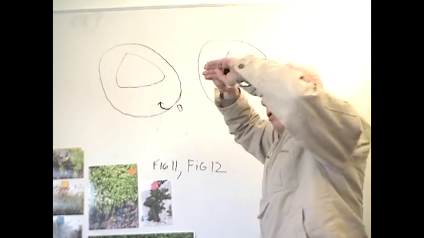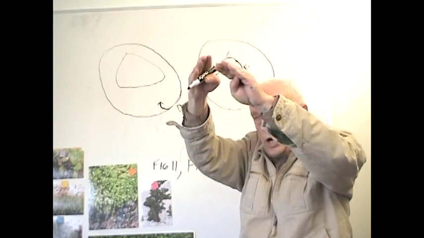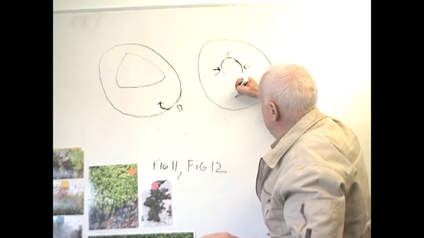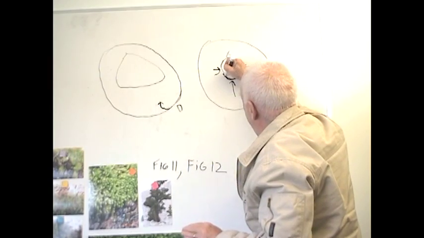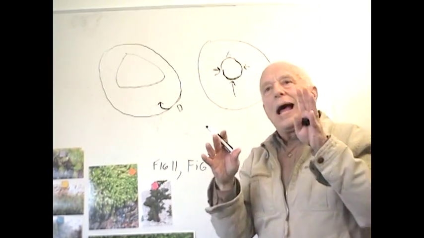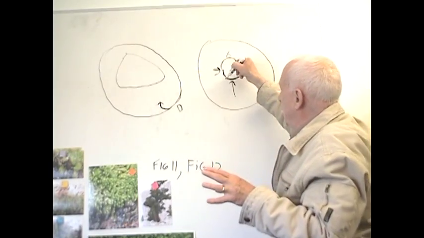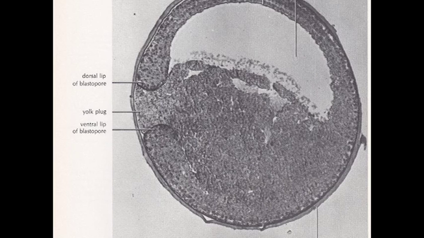So this blastopore is becoming sort of a half-moon shape. Finally, cells are moving in to form the blastopore ventrally. So now we have a circular blastopore that's shown in figure 12, but it's only a slice through it, so you don't see the lateral in figure 12.